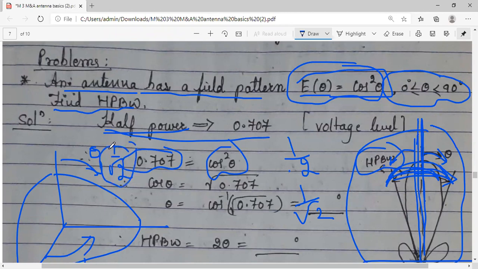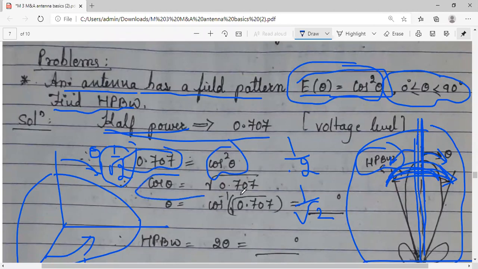If I want some other value, say it is specifically given as 70%, you equate it to that much. But here half power is not 50%, that is 1 by 2, it is 1 by root 2.